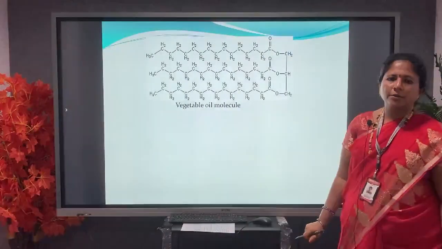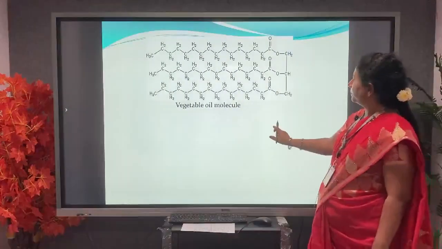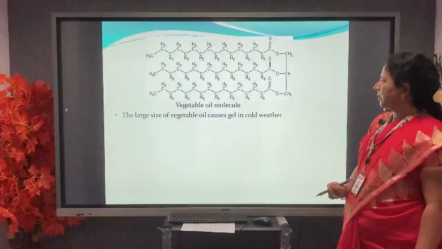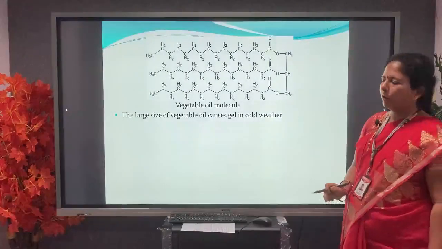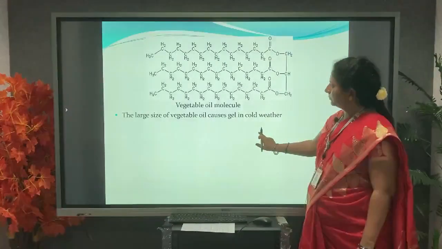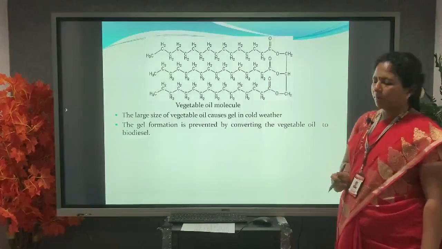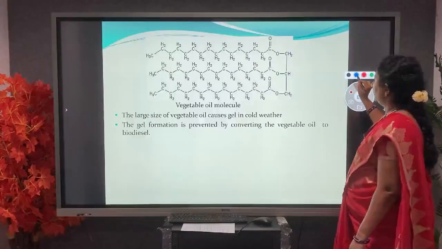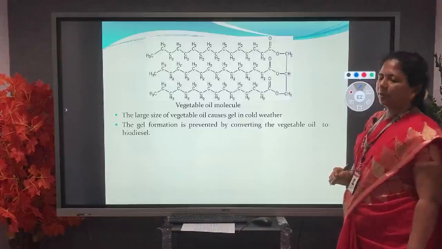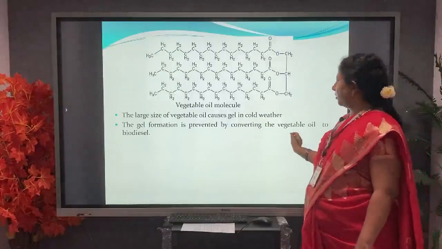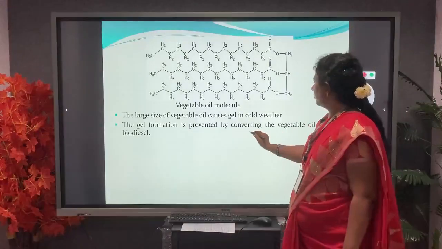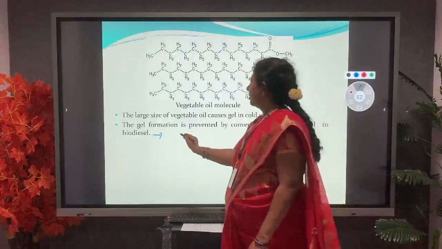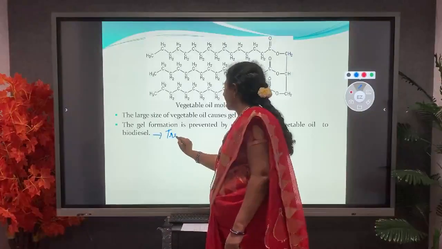So, this is the vegetable oil molecule. The large size of vegetable oil causes gel in cold weather. The gel formation is prevented by converting the vegetable oil into biodiesel. The vegetable oil is converted into biodiesel by a process called trans-esterification.